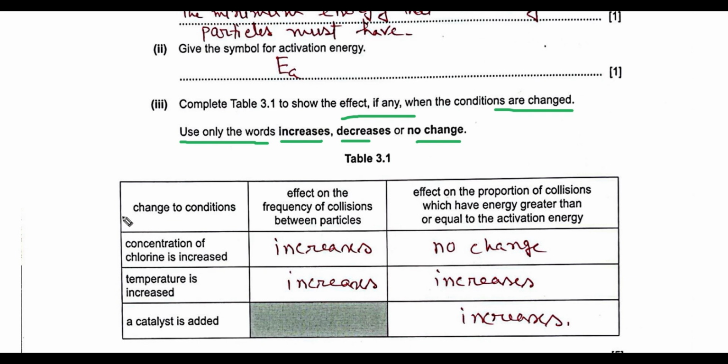Now, for each change to conditions, give the effect on the frequency of collisions between particles, and the effect on the proportion of collisions which have energy greater than or equal to activation energy.